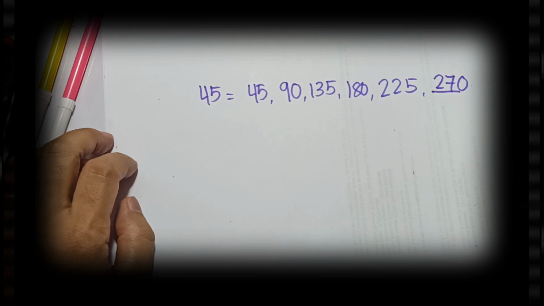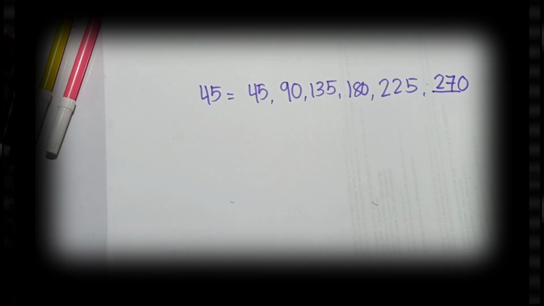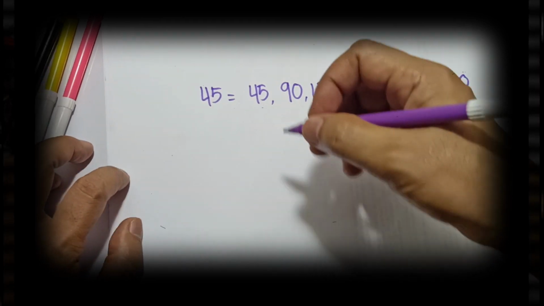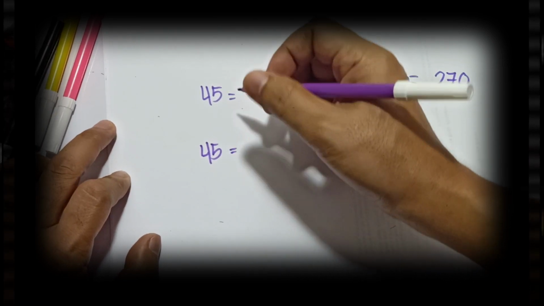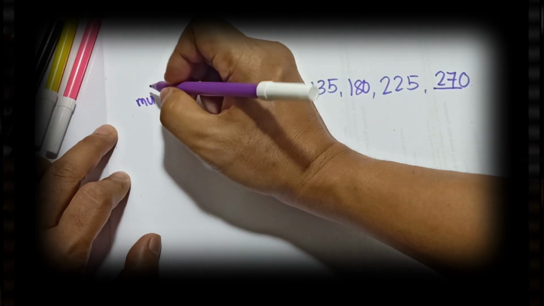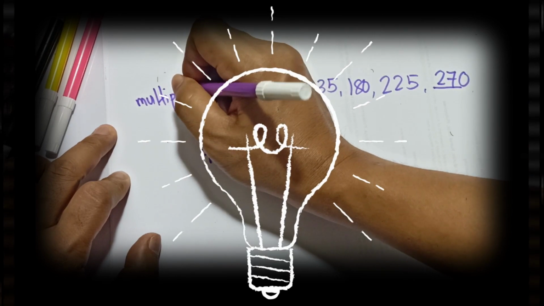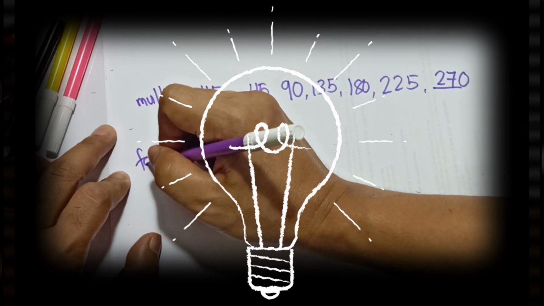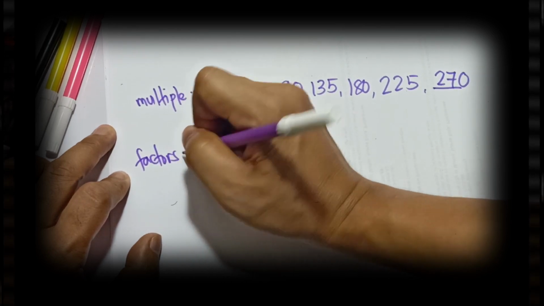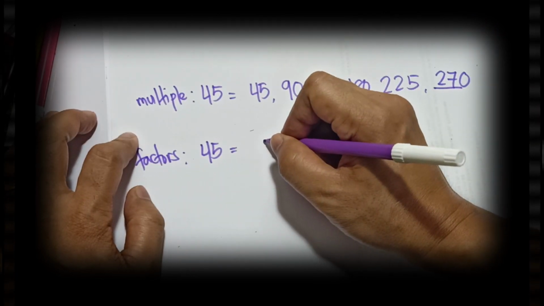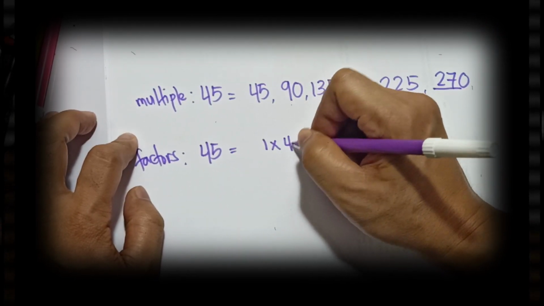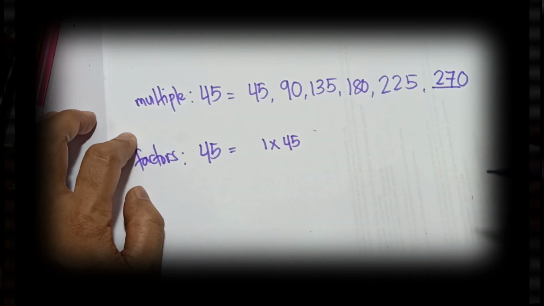While factors, for example, if you are asked to find the factors of 45, there are so many factors of 45. If we are going to list the factors of 45 one by one, so this is multiple, and then this is factors, right? Let's say 1 times 45. What else?